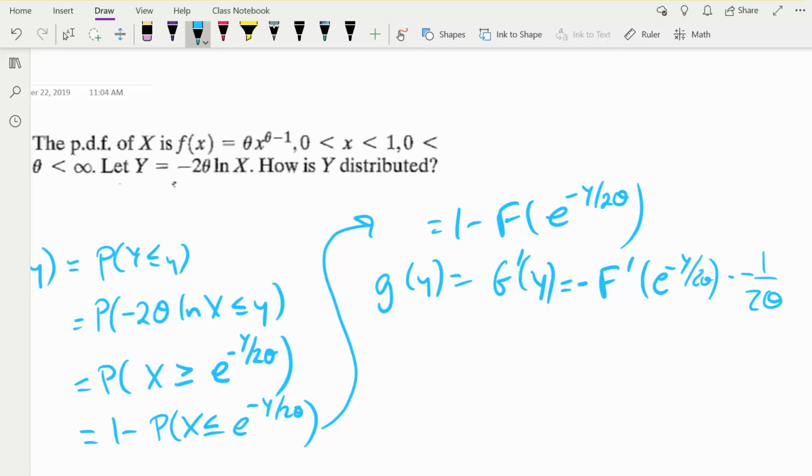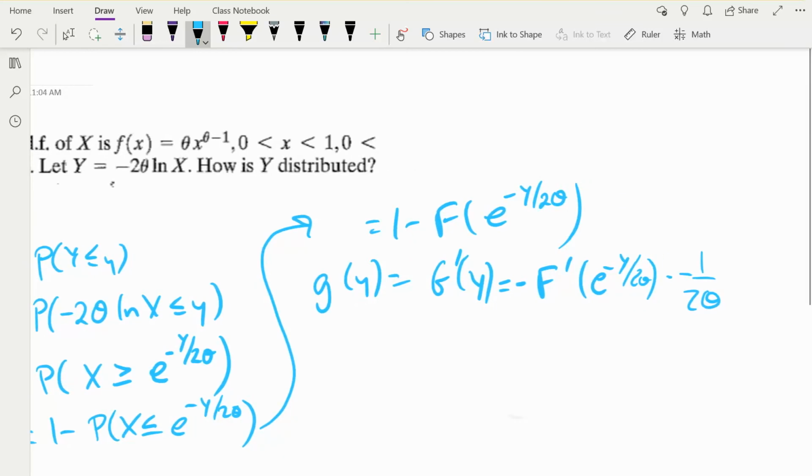Oh, because I forgot to take the derivative of it. It didn't disappear, it's there. I just forgot it. I have to do the derivative of e to a power. Thank you. The derivative of e to the power is e to the power times the derivative of the power.